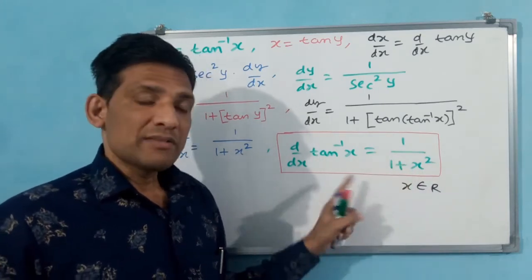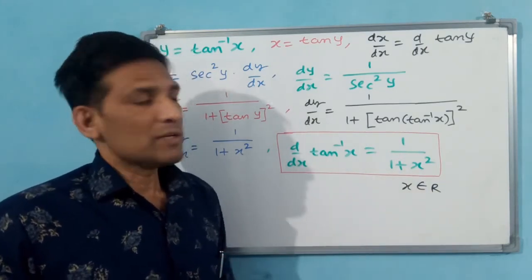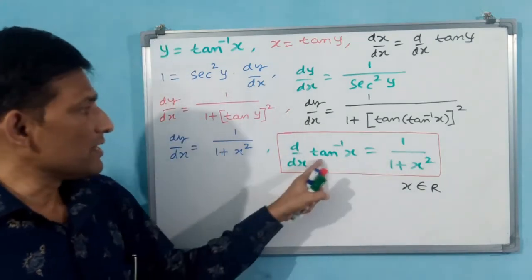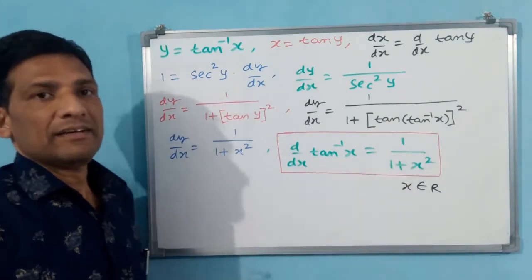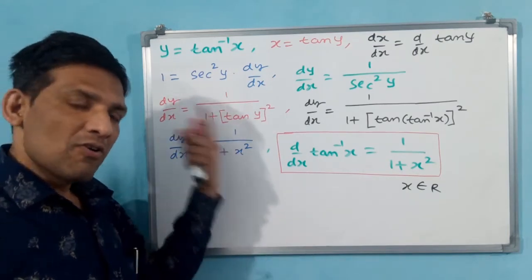That means from minus infinity to plus infinity you can give anything as the domain. That means we can say R, real numbers. Any real number you can give for d by dx of tan inverse x. Understand? Take this. We will go for cot inverse x.